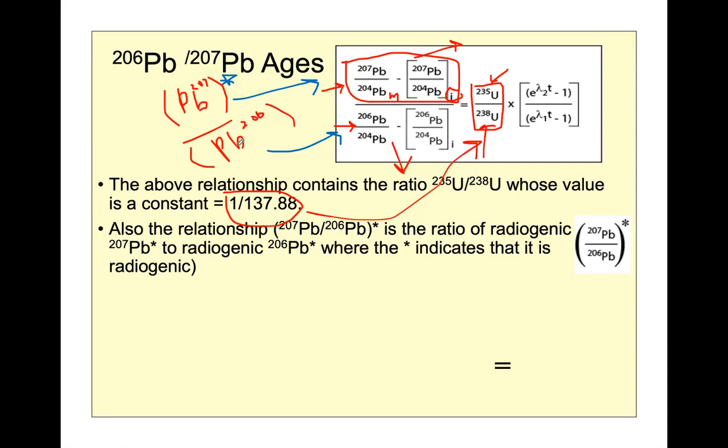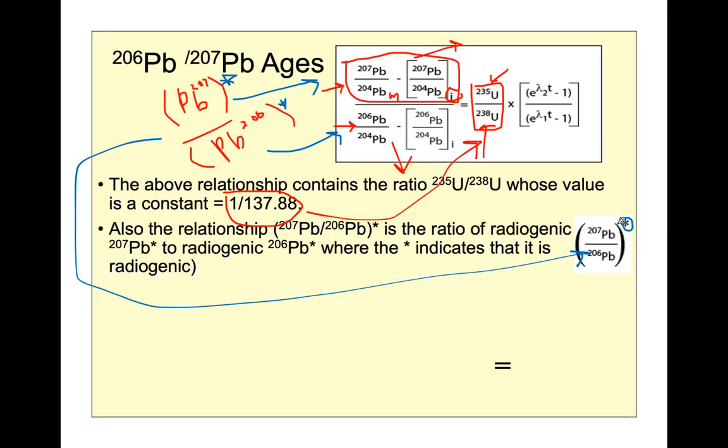For 206 also, the radiogenic product of 206, you can use a star. So what you initially get is the ratio of the two isotopes radiogenically produced, which can be represented like this: 207 divided by 206, but considering the radiogenic amount.